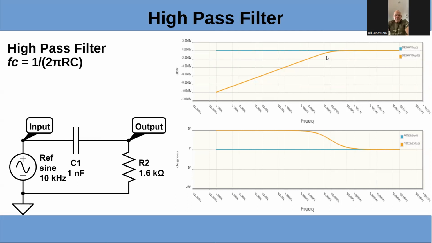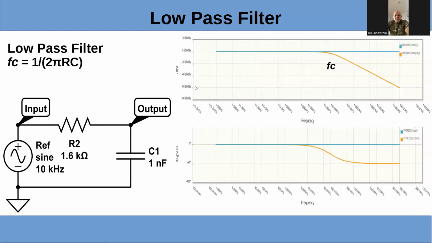And the same thing here, right around there would be the cutoff frequency. And again, you see the phase shift. And if we compare them, this is going from 90 to 0 as you go up in frequency. This is going, in the low pass, from 0 to minus 90.